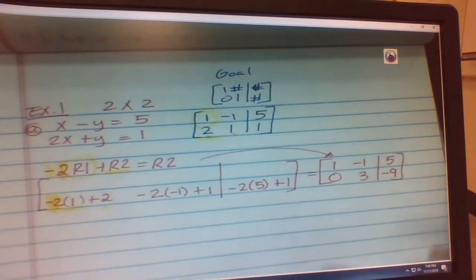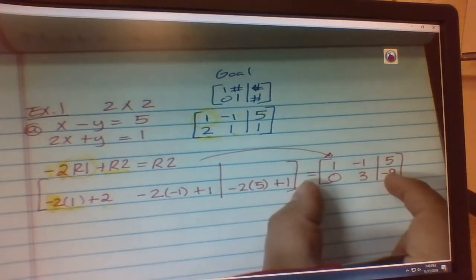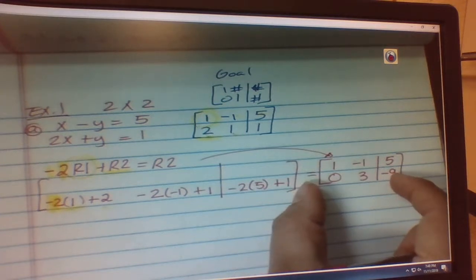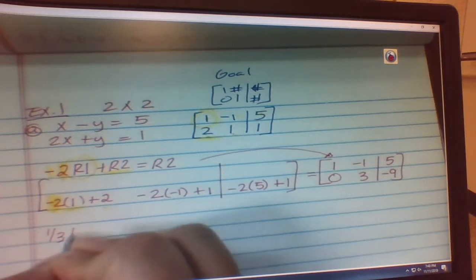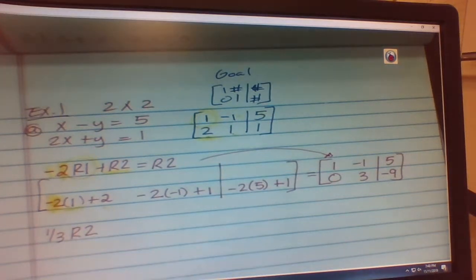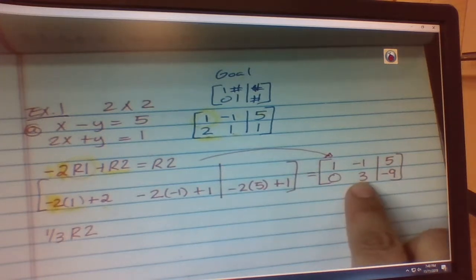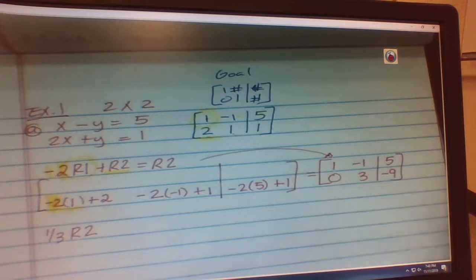So I am going to take row 2 and multiply it times 1/3. Why are we multiplying row 2 times 1/3? Because the rule says to make a 1, you multiply by the reciprocal.